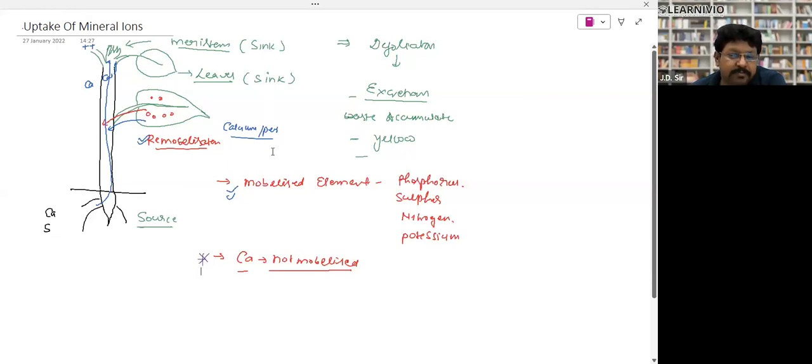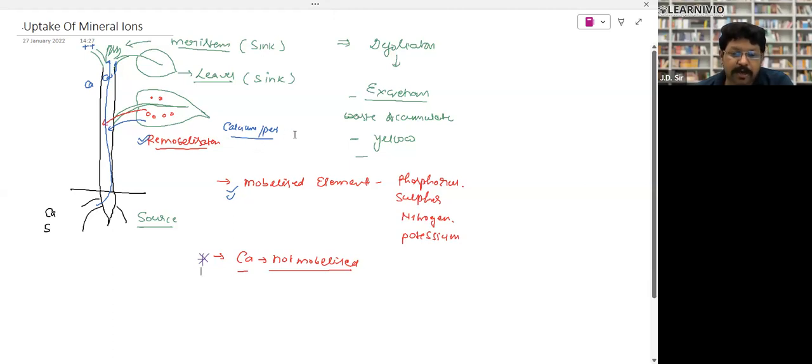What is the remobilization process? Leaves are also sinks, so minerals get deposited in the leaves. When the leaf is mature and about to fall down, remobilization takes place, meaning these minerals and ions remobilize from the leaves to the main part.